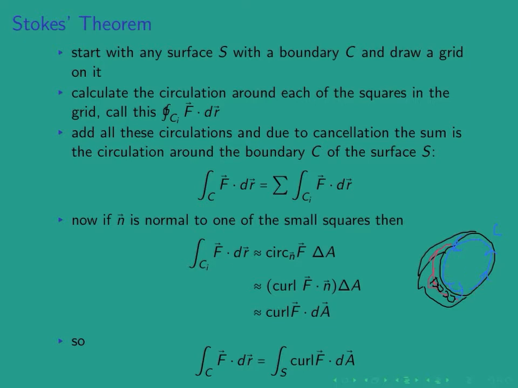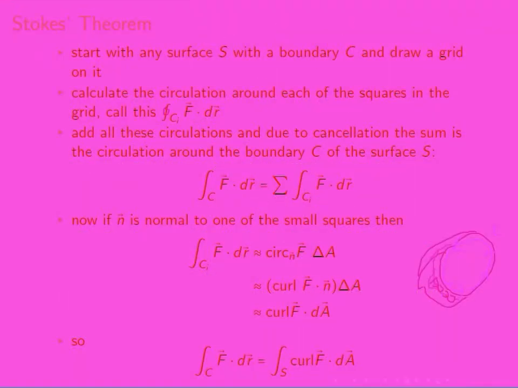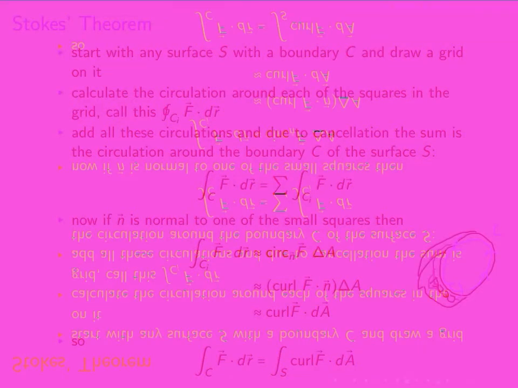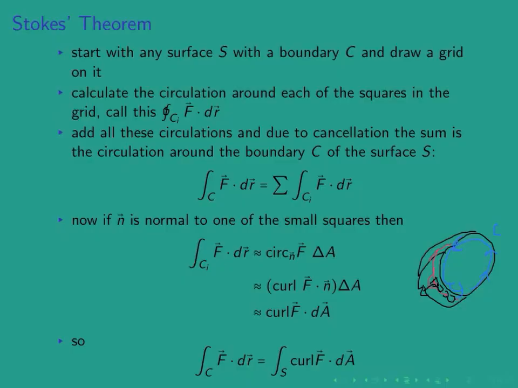Now, let's just focus on one of these line integrals around one of the grid squares. So if n is a normal vector to one of those grid squares, so let's say I draw a normal vector there, then the definition of the circulation that we studied a section or 2 ago says that, remember, the circulation was roughly the line integral divided by the area of a square that formed the interior of that line.